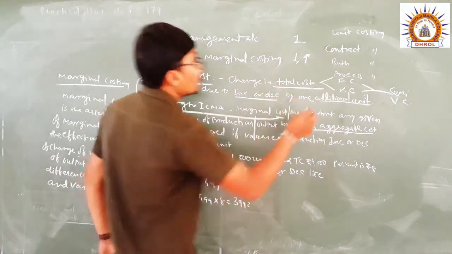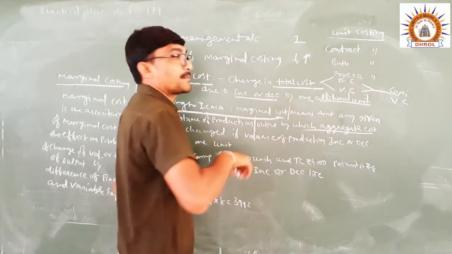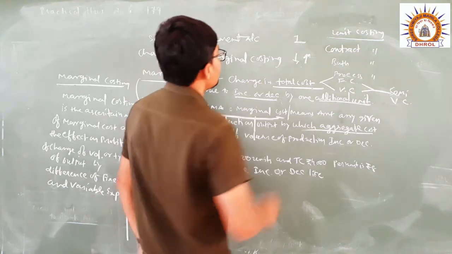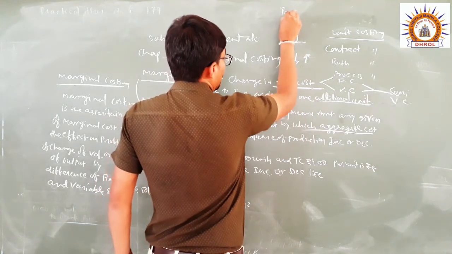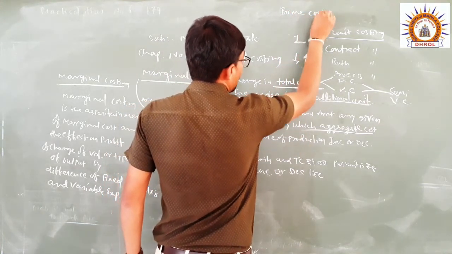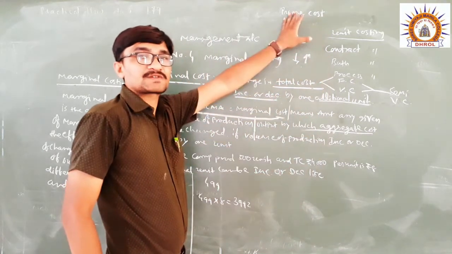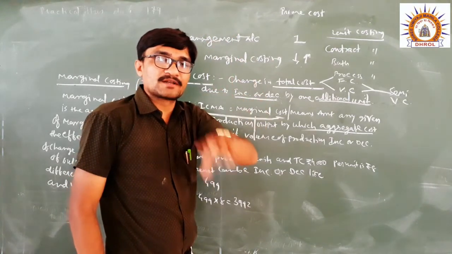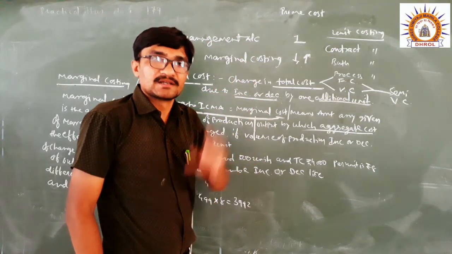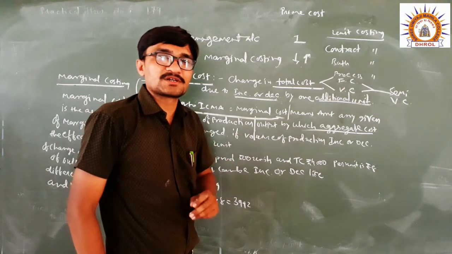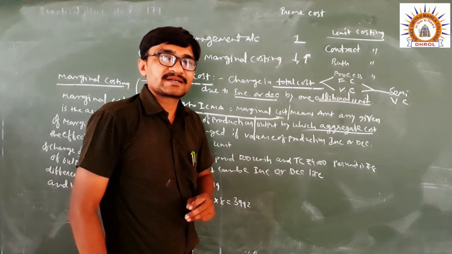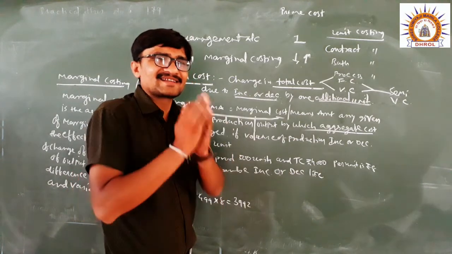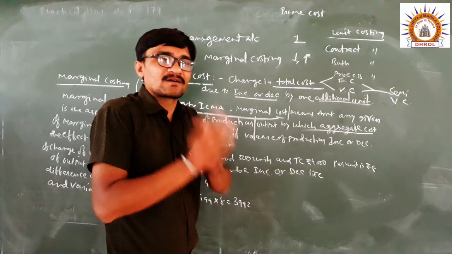See, in unit costing, you have to prepare one cost sheet. In that there is a concept of prime cost. So what does prime cost mean? In the prime cost, you require the raw material purchase. In the beginning of the product, suppose you are launching a new product, then you require the purchase of raw material.